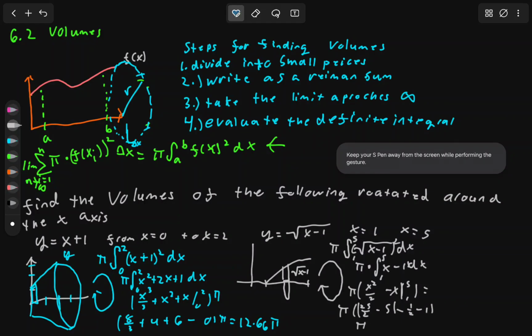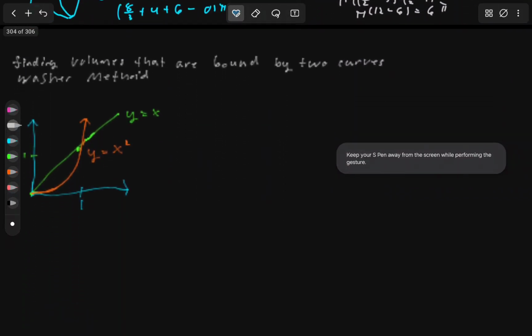Apparently I forgot to put parentheses around things, so give me one moment. Parentheses there, minus there, there we go. So we get 25 minus 1/2, which is going to make this 24 divided by 2, which is 12. And then we get negative 5 minus 1, which is going to be negative 6. So we get 6 pi for our answer.